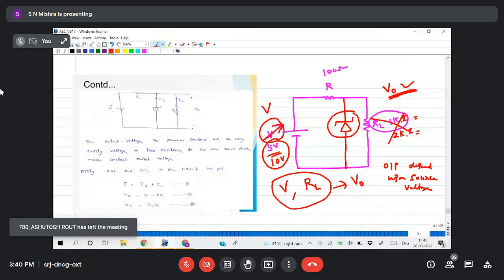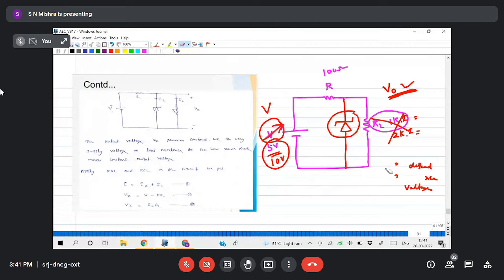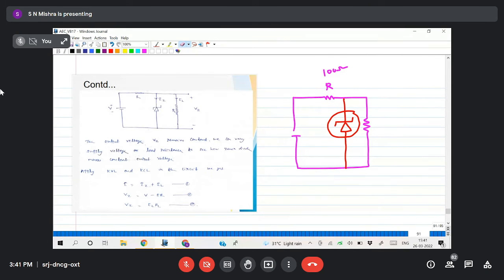So that is what we try to find out here. For that, this circuit is used. Let us see how this is happening. Now we see this circuit, the same circuit whatever I have drawn.